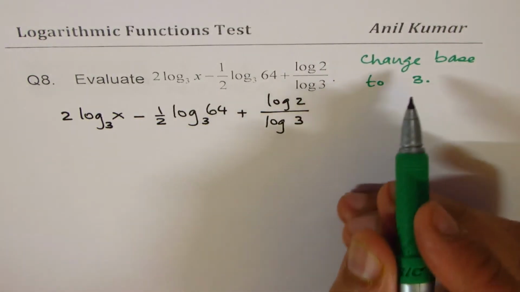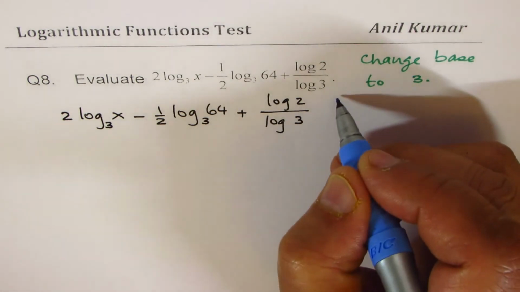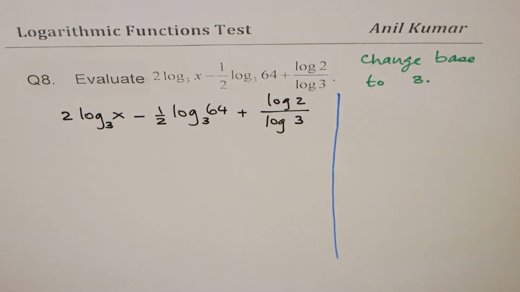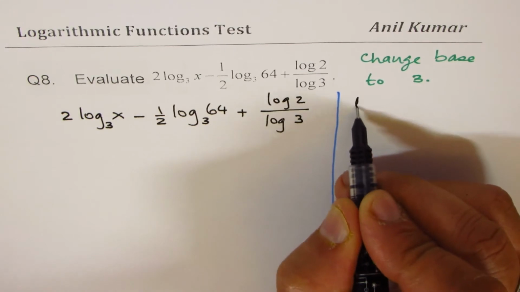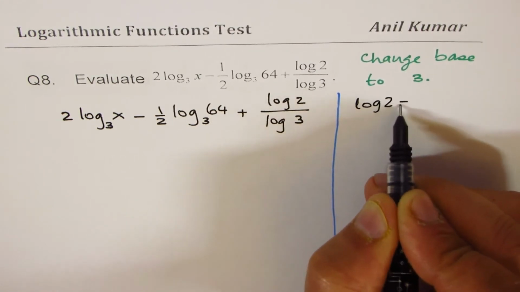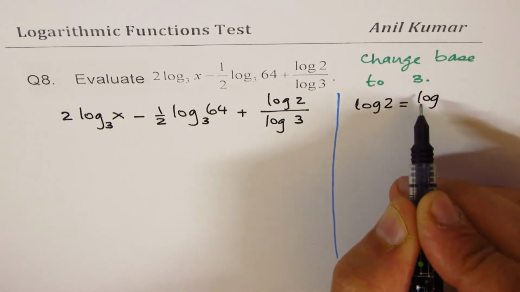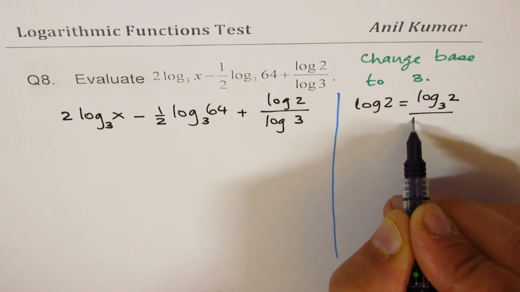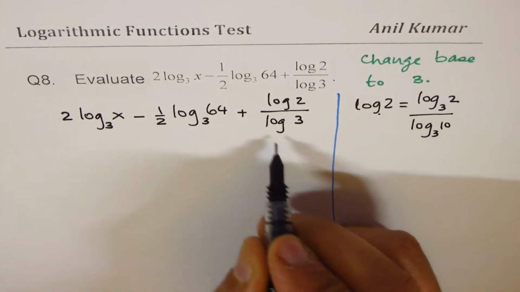Do you see that? So let's do this part separately, and then we'll incorporate and then evaluate. Is that okay? So see, log 2 could be written as, changing the base to 3, log to the base 3 of 2 divided by log to the base 3 of 10, because 10 is the base here.